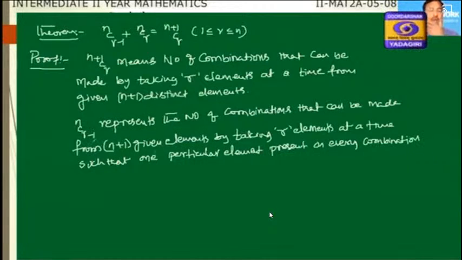So this value represents the number of combinations that can be made from n plus 1 given elements by taking R elements at a time such that one particular element is present in every combination.